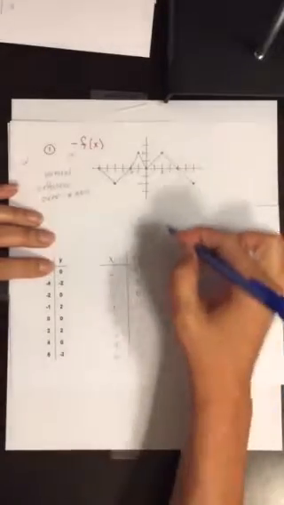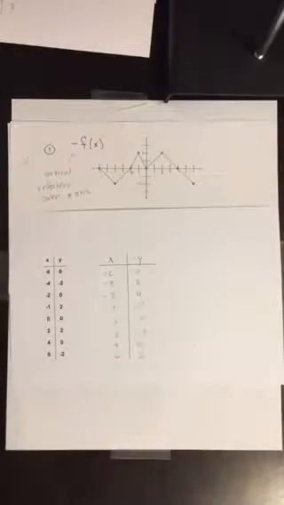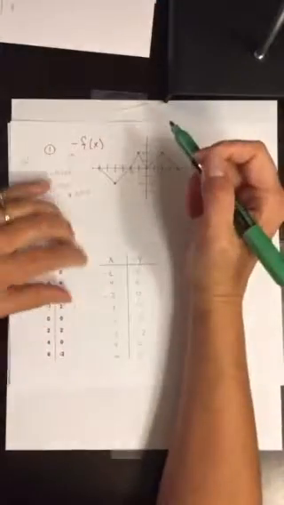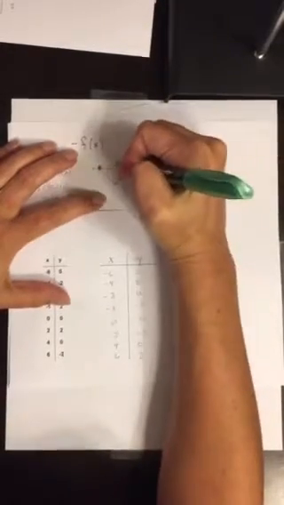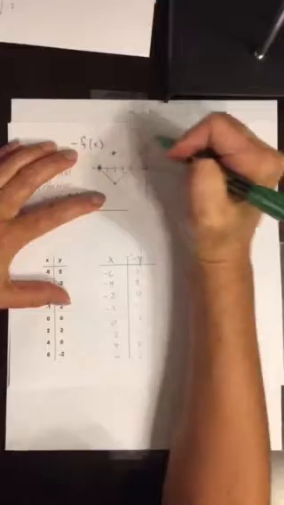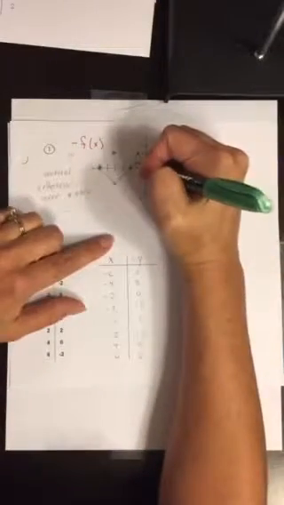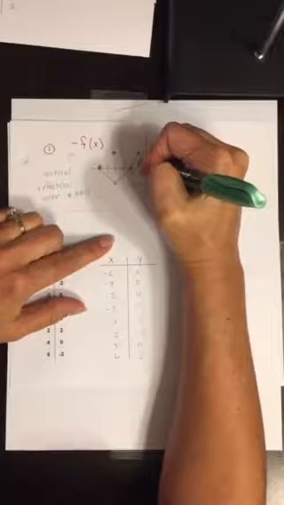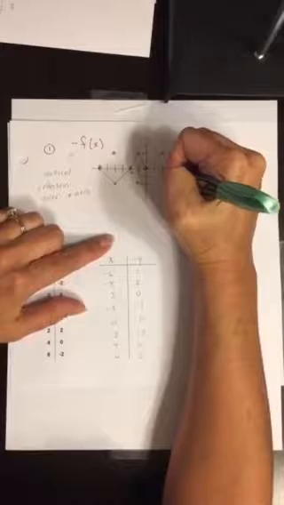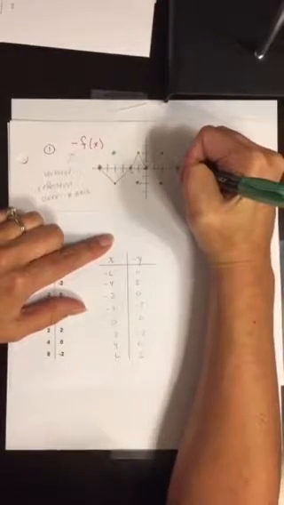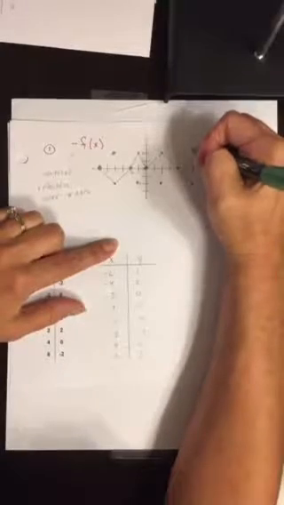Now I'm going to go ahead and go up here and plot my points. So I've got (-6, 0), (-4, 2), (-2, 0), (-1, -2), (0, 0), (2, -2), (4, 0), and (6, 2).